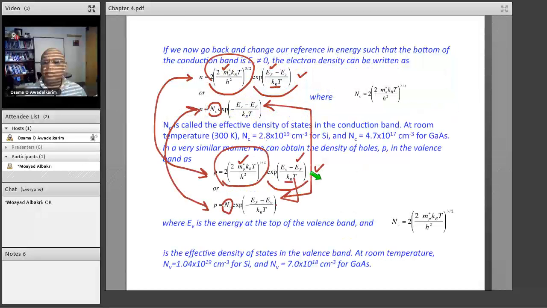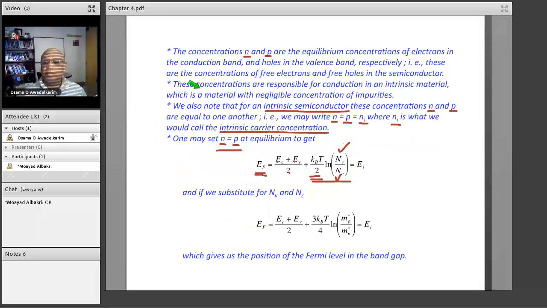If you use this form together with this form, you have M star N and M star P, and you could still write the Fermi level as (EC plus EV)/2, and then the pre-logarithm factor transforms a little bit, and you get M star P over M star N. That's the Fermi level, EF, which is that constant in the occupation probability.